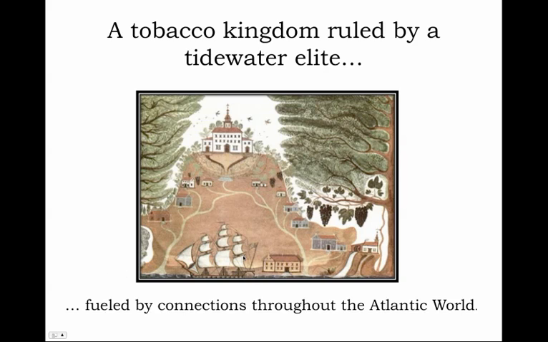These cargo ships carrying Virginia tobacco will sail certainly to England, but even points beyond, eventually across the globe to China and elsewhere. So a growing global enterprise now in marketable cash crops such as tobacco.